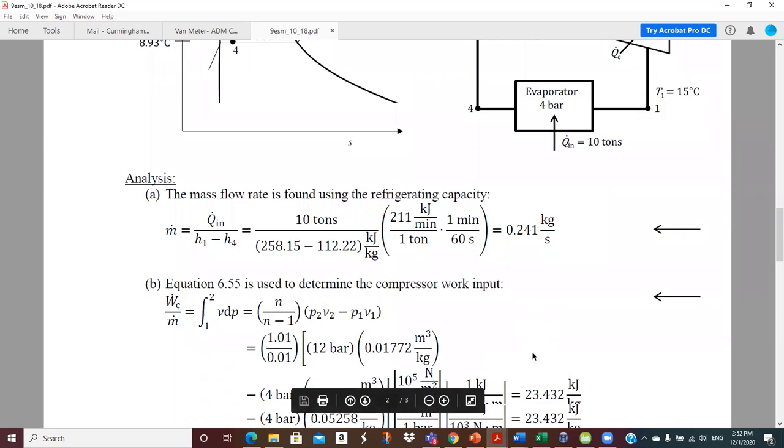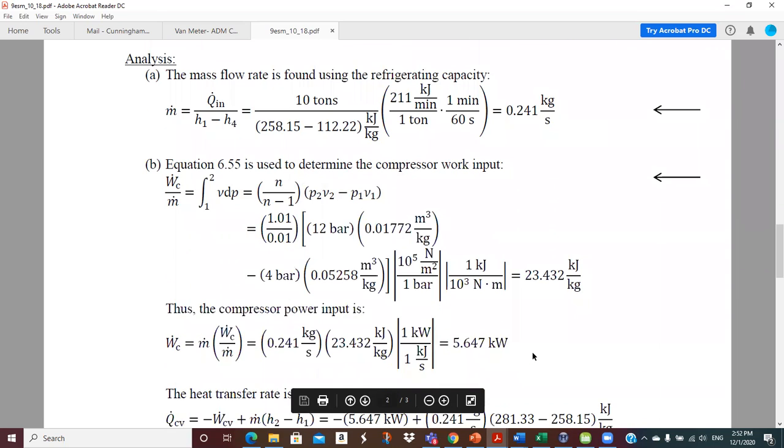Okay. So then we move on to B, which is to determine the compressor work input. And this expression for polytropic work was developed previously. The integration was done. This is in the chapter. You can go back and look at it.